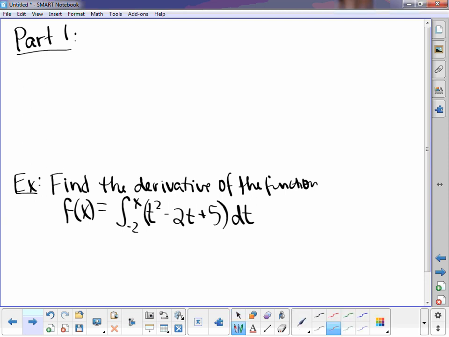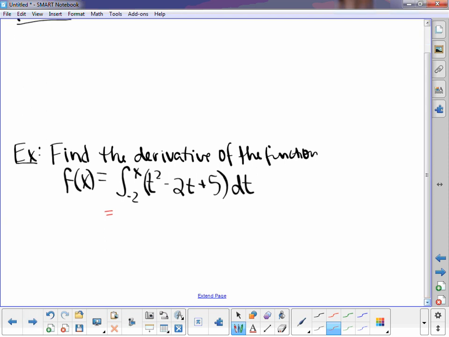Okay, so first, let's go ahead and find what f of x actually is, right? Before we take the derivative, let's go and find out what it actually is. So we need our antiderivative. Basically all we're doing is just evaluating this definite integral. Okay, so I'm just doing what I was doing before.